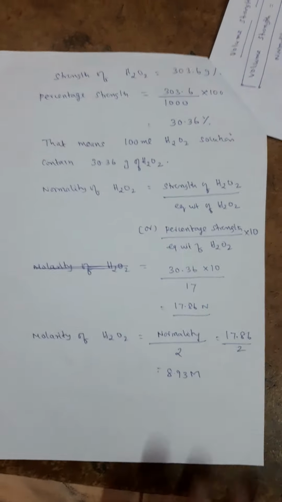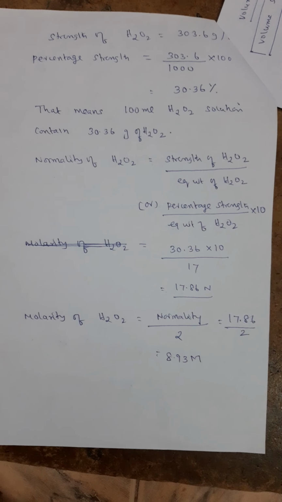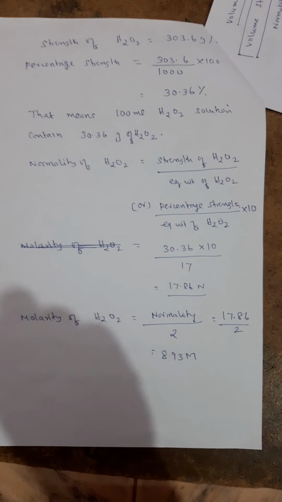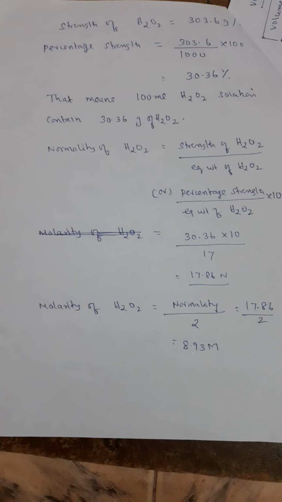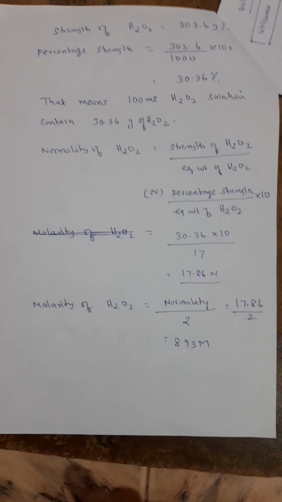So the strength of hydrogen peroxide is 303.6 gram per liter. That is, 1 liter of hydrogen peroxide solution contains 303.6 gram of hydrogen peroxide.